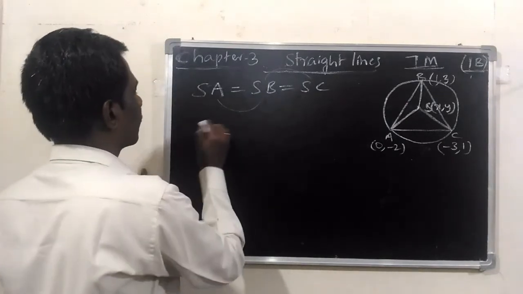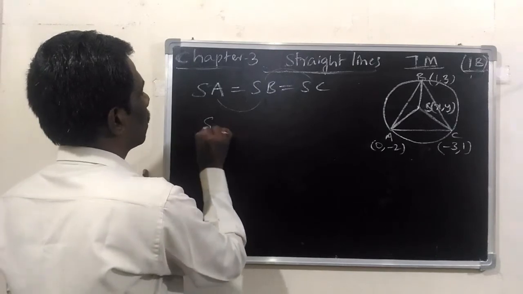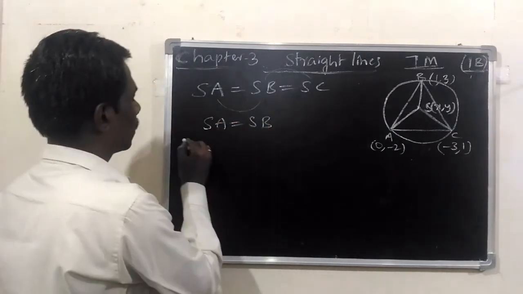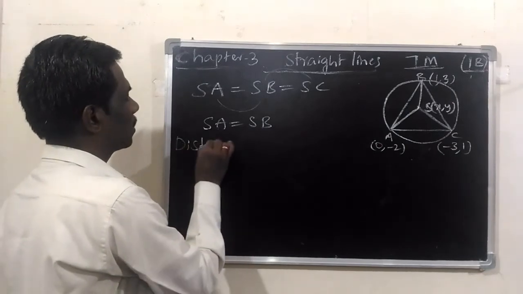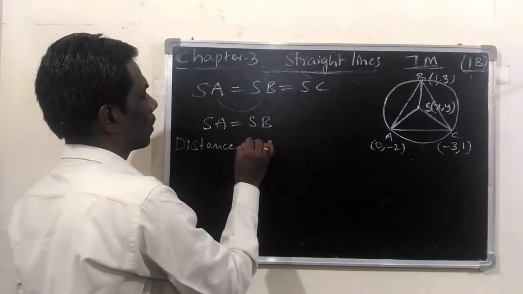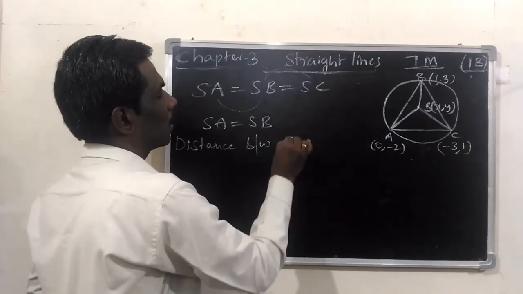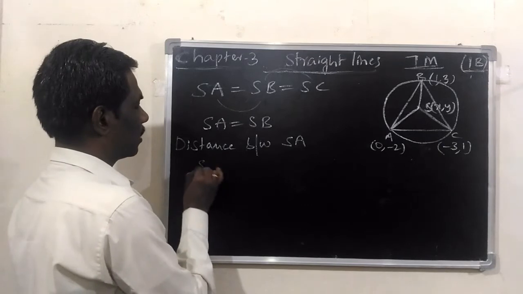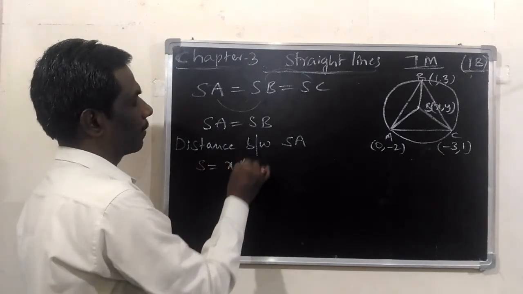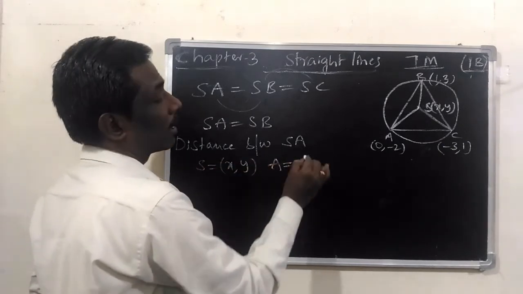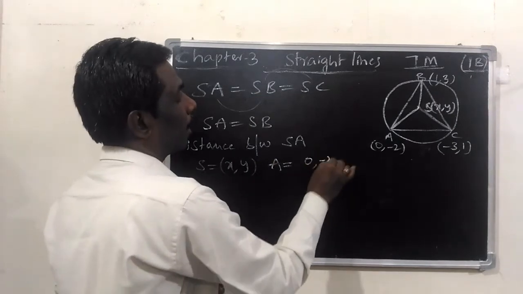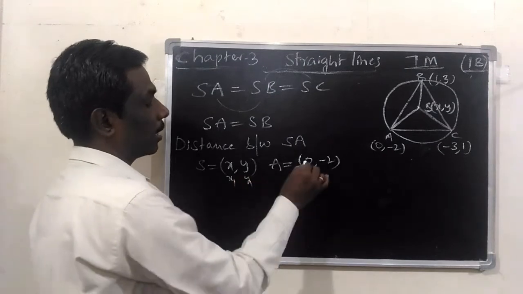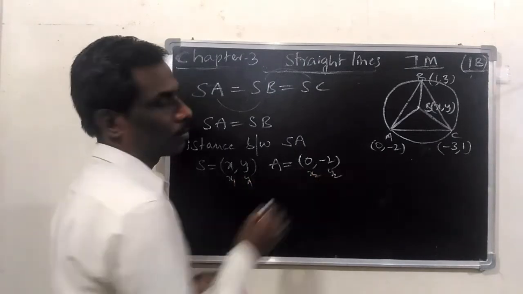First doing SA is equal to SB, distance between S and A. S is x comma y, and A is 0 comma minus 2. Assume this is x1, y1 and take this as x2, y2.